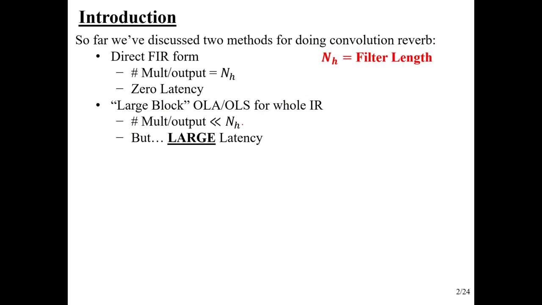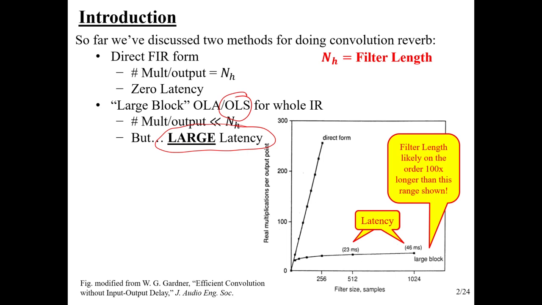But we also saw that it led to a very large latency. I put that in capital, bold, underlined word there, large. So that is not really suitable. But what we'll see is that we can take overlap save and extend it and come up with a way that we can handle both of these issues.